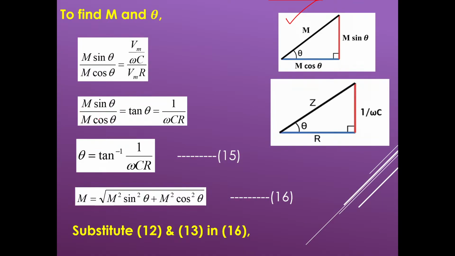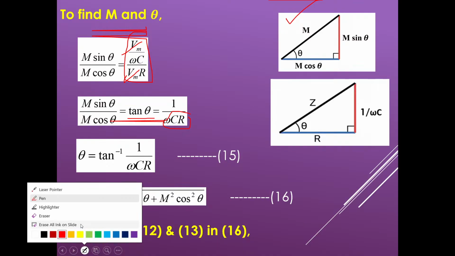So m sine theta by m cos theta is nothing but tan theta. From the impedance triangle, tan theta is 1 by omega RC. This m sine theta and m cos theta I have got from equations 12 and 13. If you take the ratio of equation 12 and equation 13, Vm cancels, and you will get 1 by omega CR.